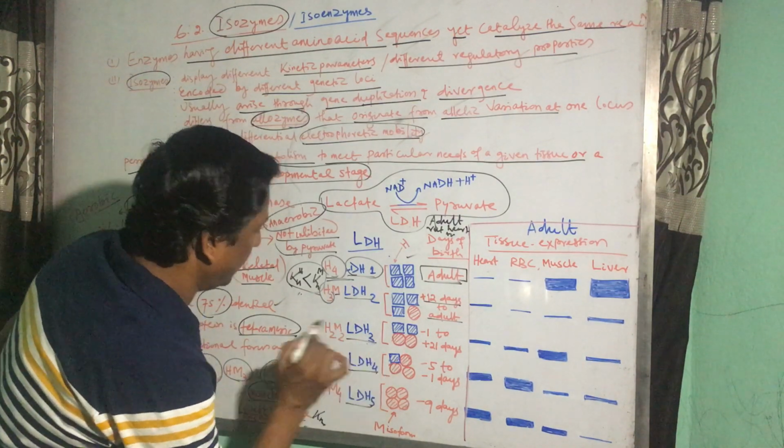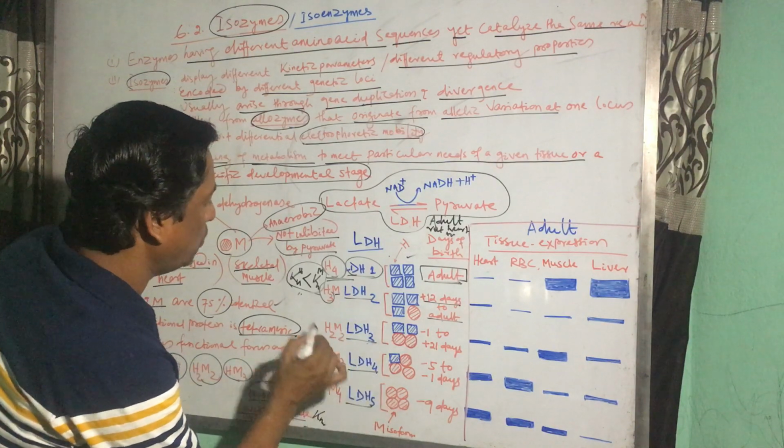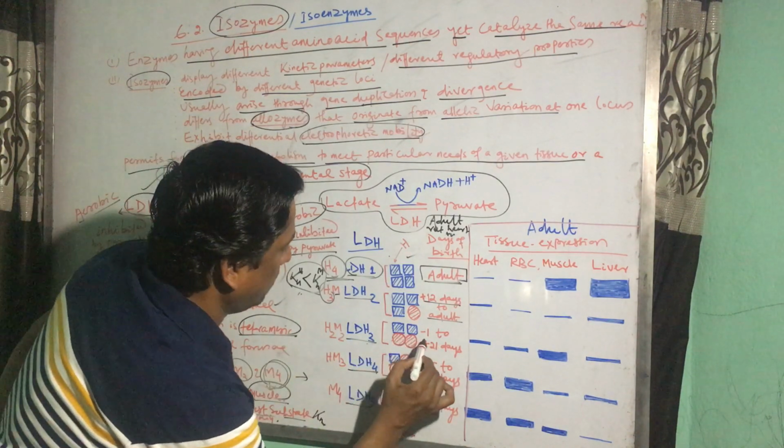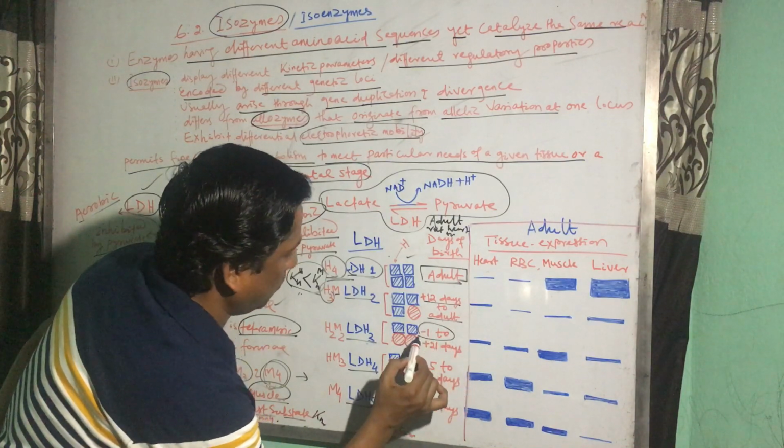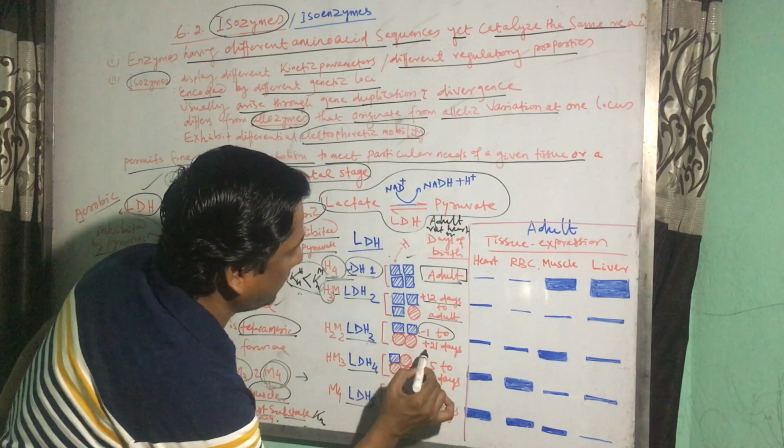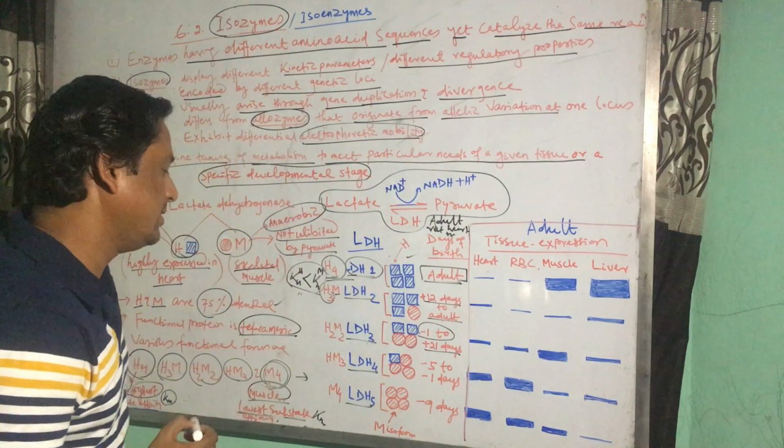Similarly, LDH3, which has 2 M forms and 2 H forms, is found in rats from one day before birth up to 21 days.